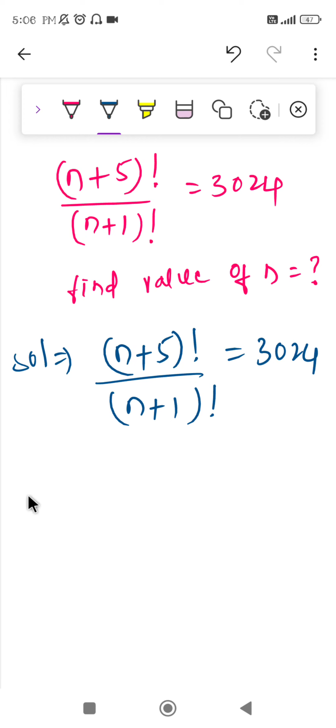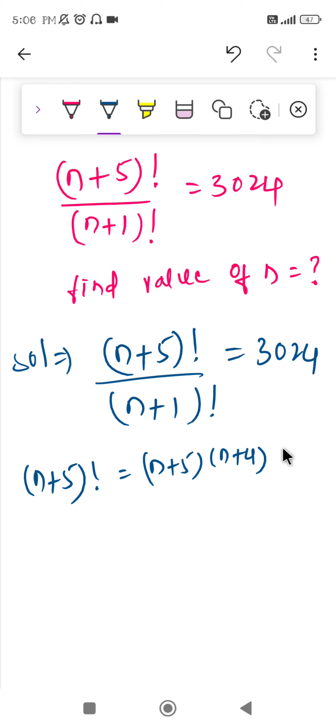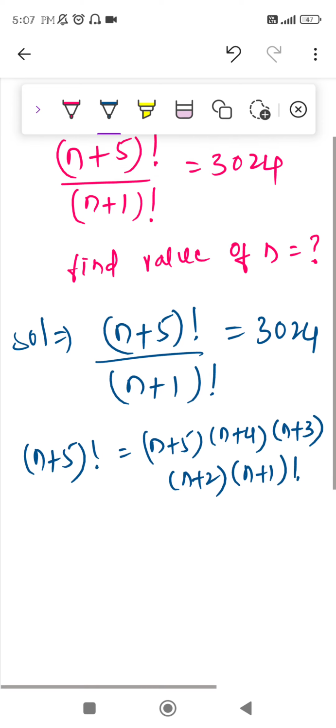And here we know that (n+5)! means (n+5) into (n+4) into (n+3) into (n+2) into (n+1)!, right? The same thing I am writing here.